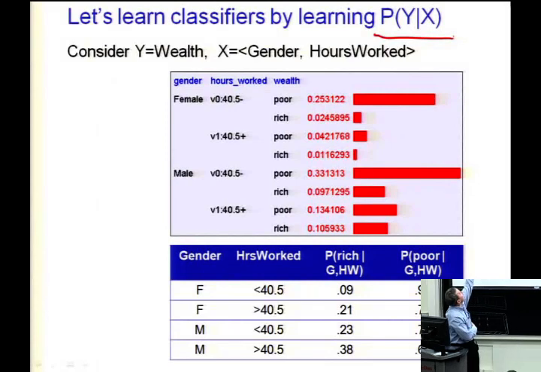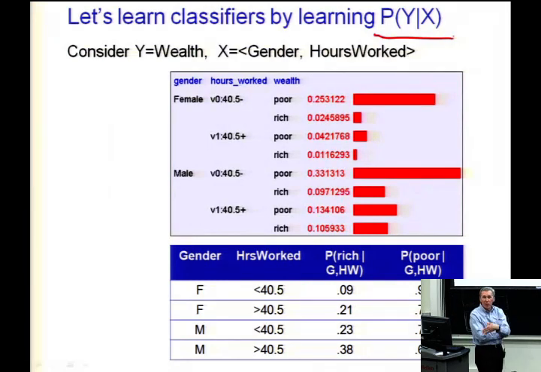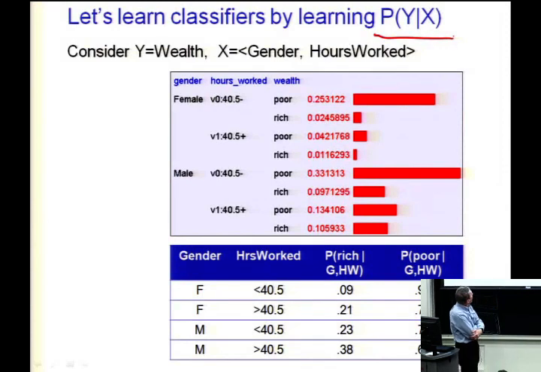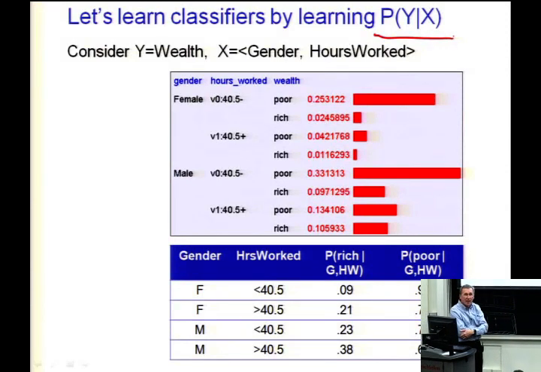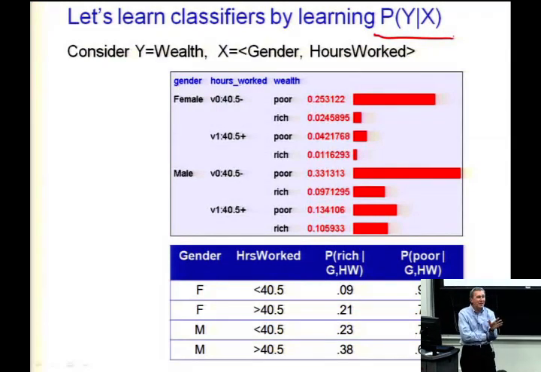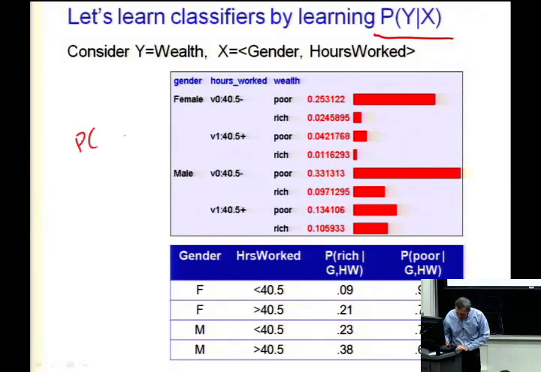So here, for example, we might be interested in predicting whether somebody is wealthy or not based on their gender, male or female, and hours worked above or below 48.5. And if we wanted to do that, then of course, because we have the joint distribution on these 3 variables, it would be possible for us to calculate that conditional distribution. So here's actually the joint distribution of, I'll call it wealth, gender, and hours worked. That's what this table is giving. For any joint assignment of those 3 variables, we see what the probability is for it.